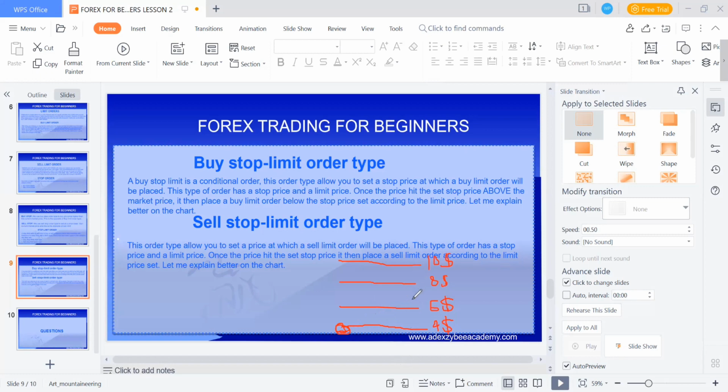That's it. Then on the flip side, let's say the price of that asset is currently at $10, and you believe the price is going to go down to, let's say, $6 first. When it goes down to $6, it will come back up before it continues going down. So you can set a sell stop limit order such that when the price drops to $6, a limit sell will be set for you at $8.